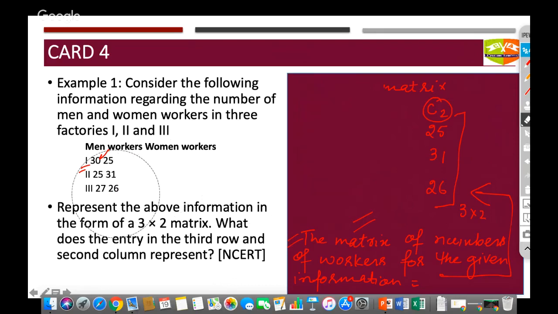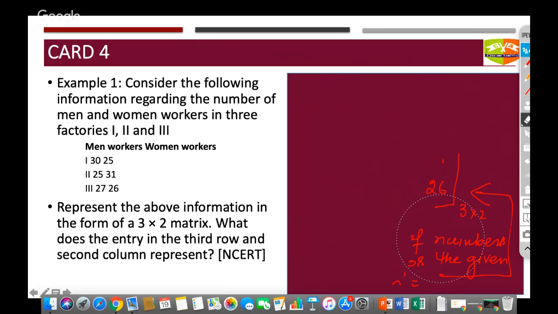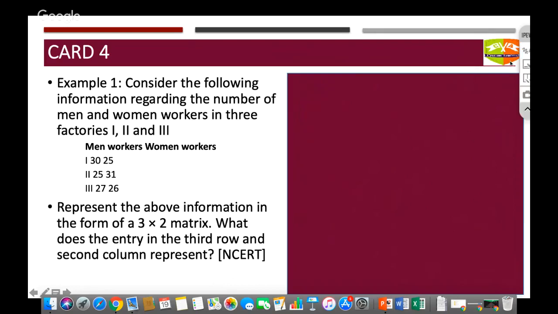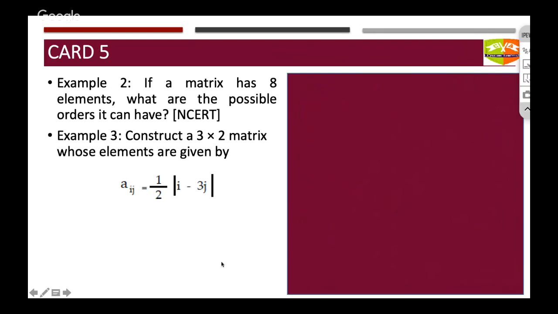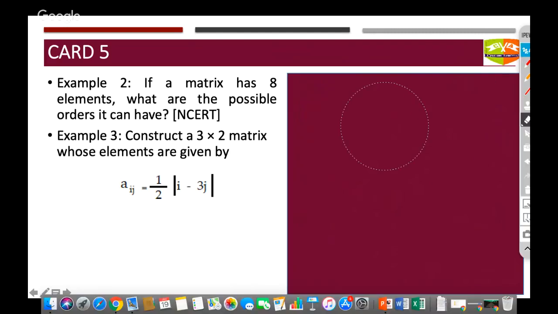Now let me move to another topic, and there are one or two questions over here. I am going to give you a question: if a matrix has 8 elements, what are the possible orders it can have?